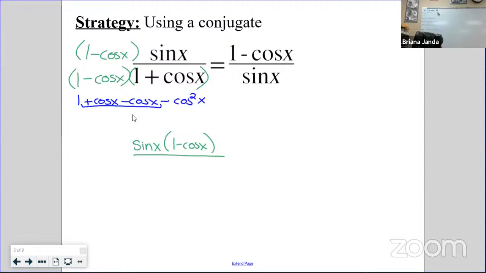Cosine minus cosine is 0. So that becomes 1 minus cosine squared. When we use those opposite signs in a conjugate, we'll always get first thing squared minus second thing squared. And now we can use our Pythagorean identity. What can I sub in here for 1 minus cosine squared? Sine squared.